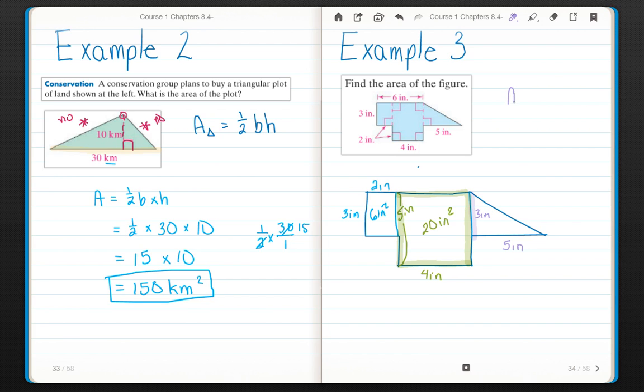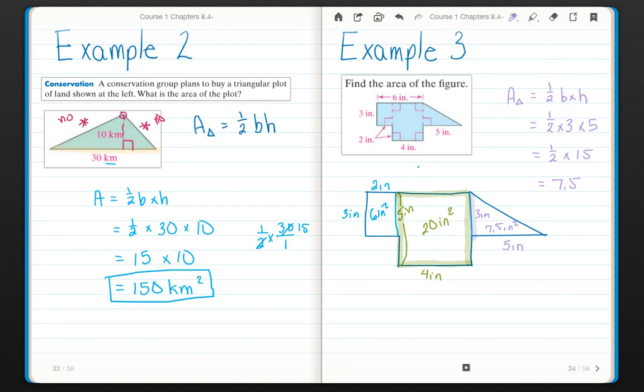Remember, the area of a triangle equals 1/2 times the base times the height. So 1/2 times 3 times 5, not 15. Getting ahead of myself there. I'm going to multiply 3 times 5 first. So 1/2 times 15, and half of 15 is 7.5. So this area is 7.5 inches squared.